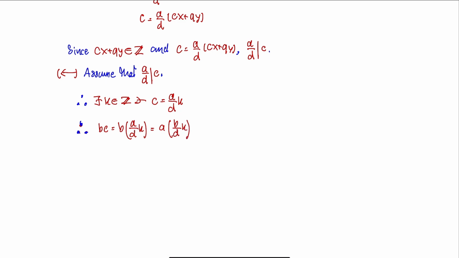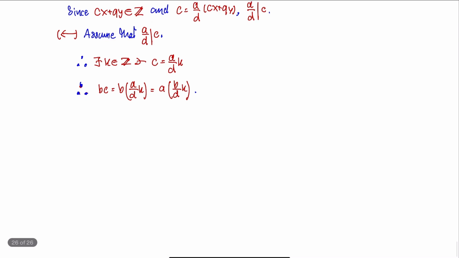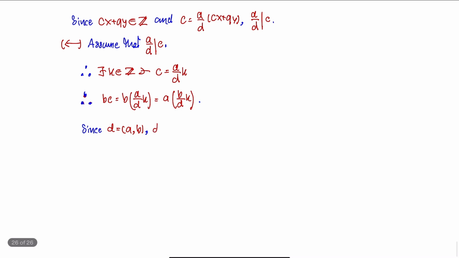Then, what can we do next? The next thing I'm going to do is to take a look at d, which is the greatest common divisor of a and b. Since d is the greatest common divisor of a and b, what do we have? d divides b.